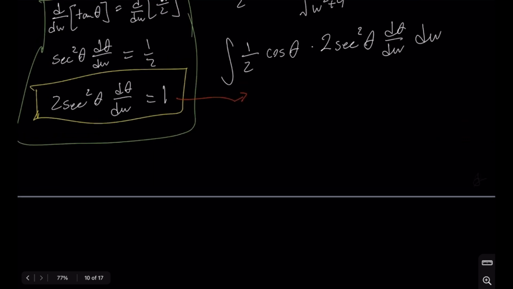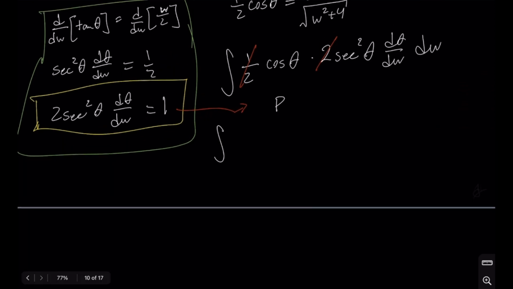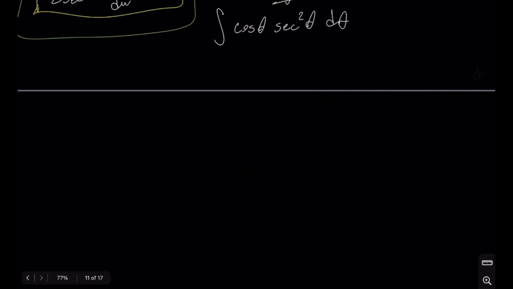So now you can notice that the 2 and the 1/2 actually cancel out. And then, oh yeah, we have to say by the rule of substitution. Right, so we have cosine theta multiplied by secant squared theta, and we're going to have, not in terms of dw, but in terms of d theta. Okay?